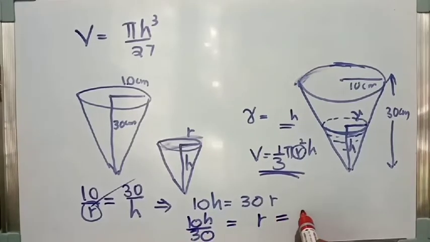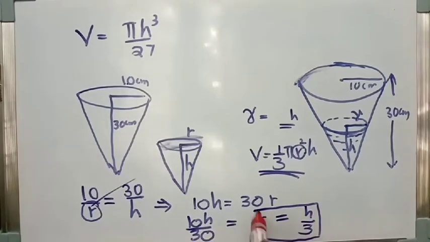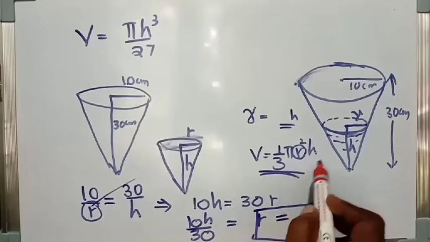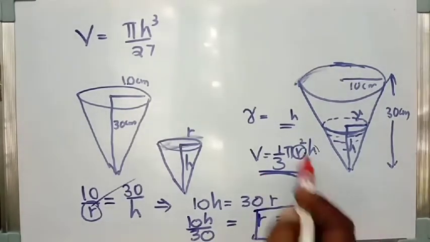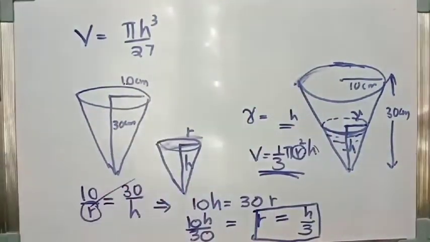That is h by 3. 10 and 30 cancel. We get h by 3. So the value of r is h by 3, that you have to substitute in this. So this is the first initial work you have to do.